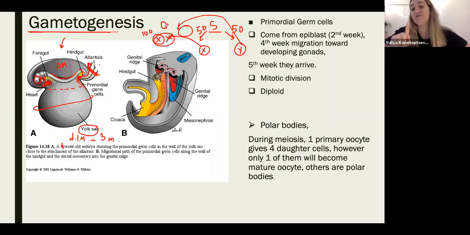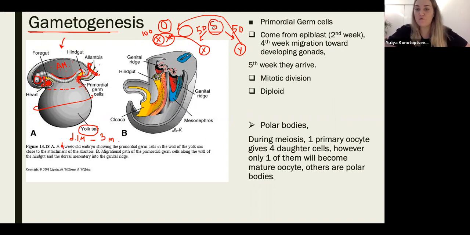And what does it give rise to? You have to constantly ask yourself these two questions for any embryological structure, right? Where does this thing come from? And what exactly is it going to give rise to? So what is our first question? We have to ask ourselves, where do oocytes come from? Where do spermatozoa come from?